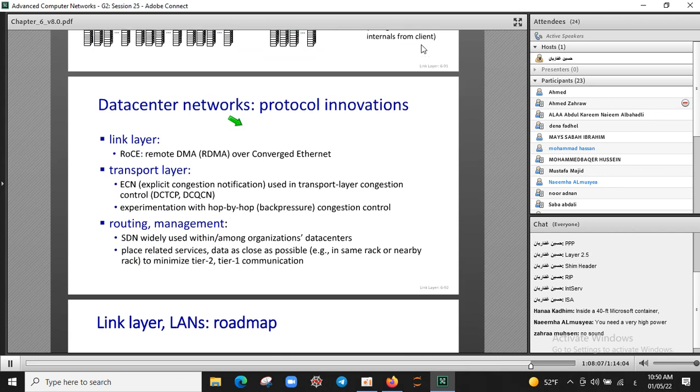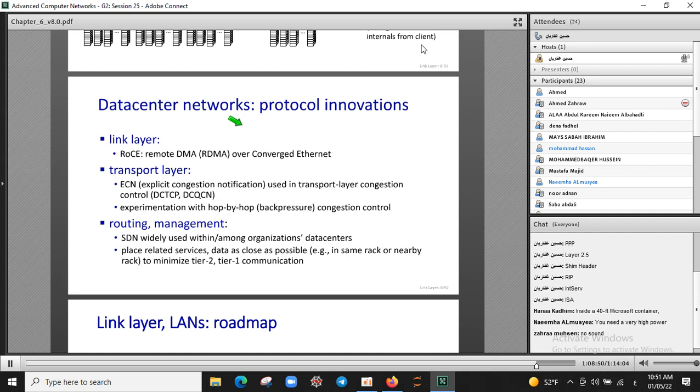So, when we are talking about data center networking, we need to define some special protocols for data centers. We need to propose some special networking capabilities in layer 2, the link layer. We need to define some special protocols for the transport layer. For example, we need to explicitly define congestion if it arises in the network.